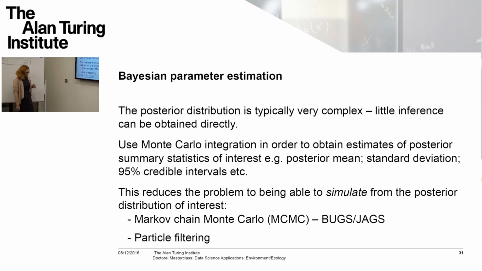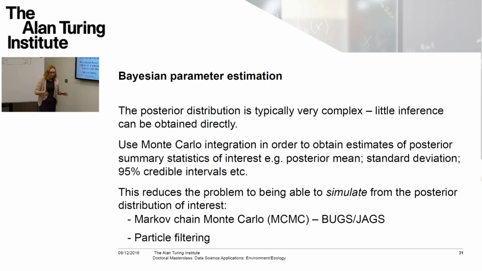So we have a posterior distribution. We can write it down up to proportionality. Typically we can't even write it down explicitly, and you can't do anything with it directly. It's just too complicated. So we basically cheat. Rather than doing anything exactly on the posterior distribution, we summarize it in certain ways.